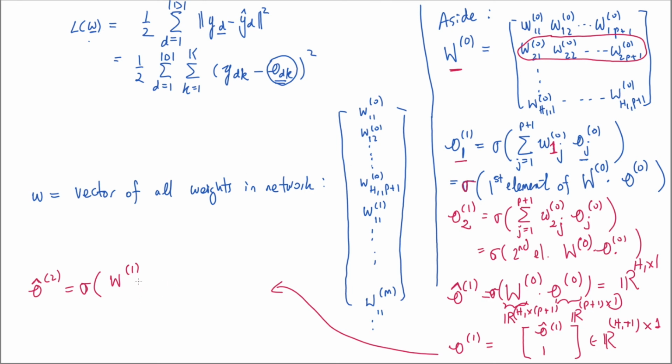And this is going to be multiplied by the output of the layer before it. Okay, and then same problem, we define O2 as O hat 2 concatenated with 1. Okay, and this is going to be a vector in H2 plus 1 times 1.